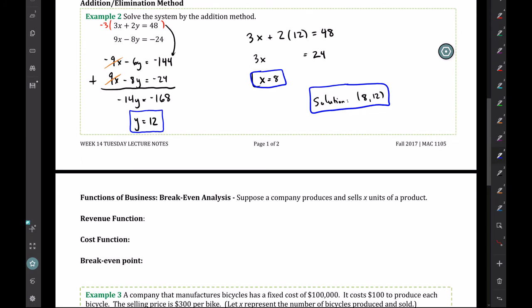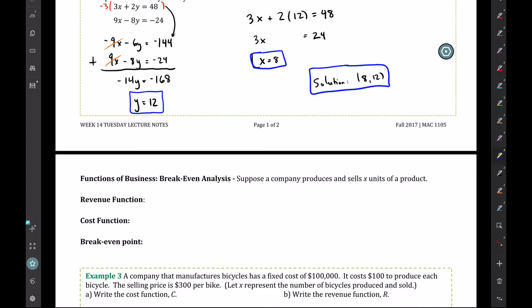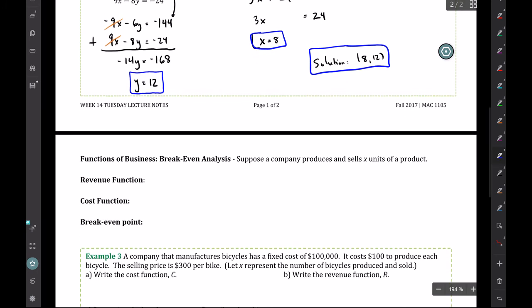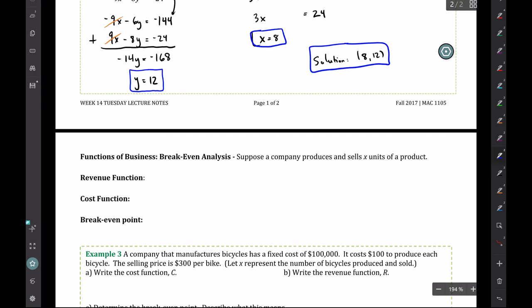Okay, now I want to look at one of the applications of these sorts of problems, and that's just doing some basic back of the envelope type calculations in business. So it's called break-even analysis, and you want to figure out how many units you need to sell before you break even or turn a profit.